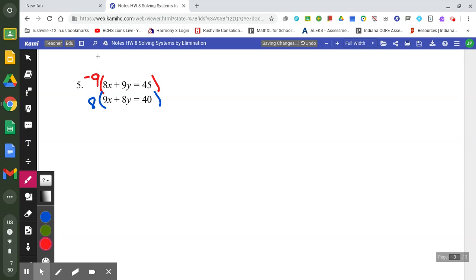So on top, I'll have negative 9 times 8 is negative 72x. Negative 9 times 9 is negative 81y equals negative 9 times 45. And that is 405, actually negative 405.